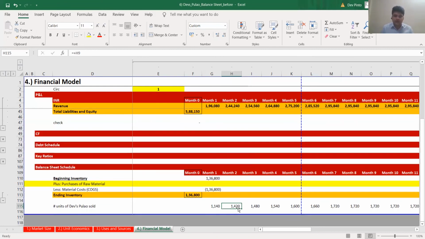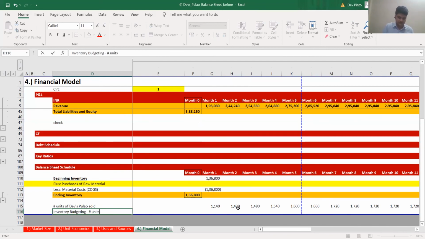So I will have to budget at the end of month 1 how many units I'm going to be able to sell at the end of month 2, and basis that budgeting I'm going to have to purchase materials. So let's just call this inventory budgeting, in terms of number of units, and let's make it a percentage.